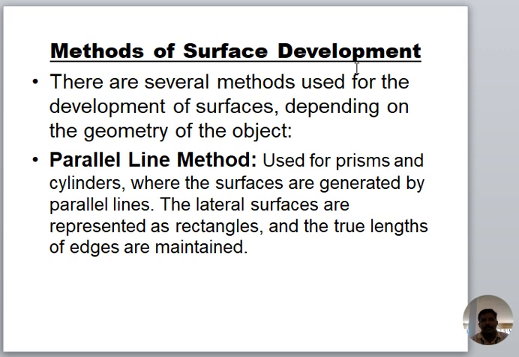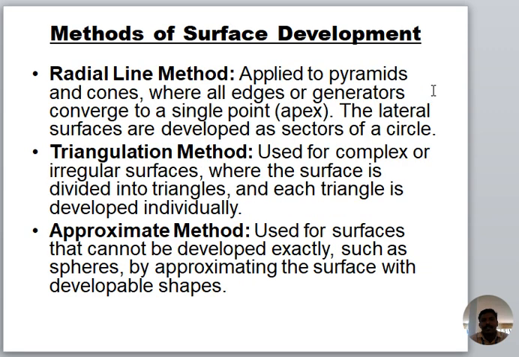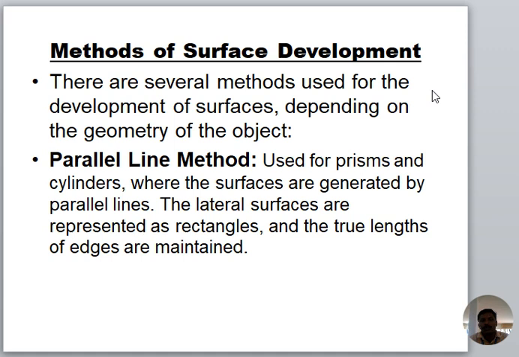Next one, methods of surface development. The following four methods are used to develop the surfaces: parallel line method, radial line method, triangulation method, and approximate method. Let us know more about each and every method.